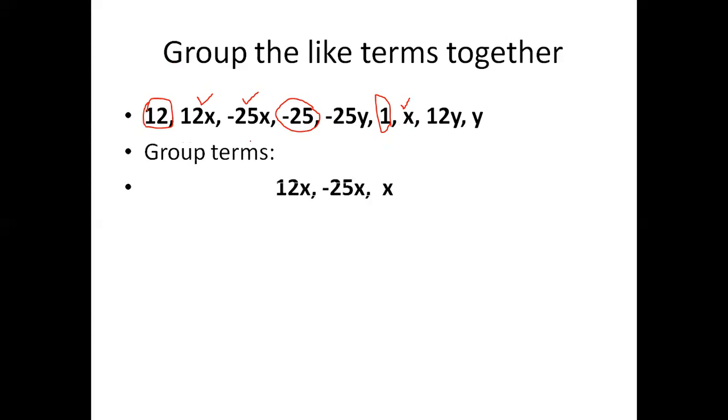So on grouping the terms, I will get 12x, minus 12x and x. I'll see y terms which were minus 25y, 12y and y, and the constant terms that were 12 and 1. And also there is minus 25.